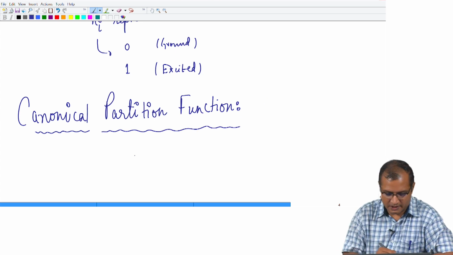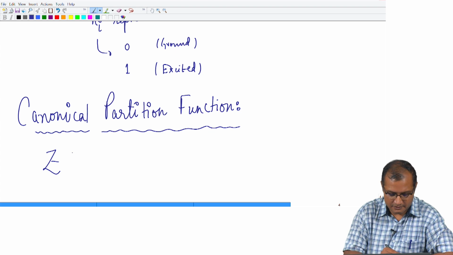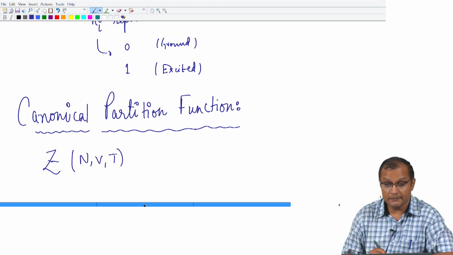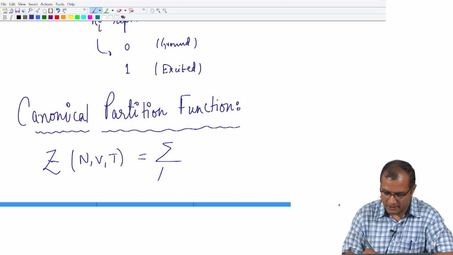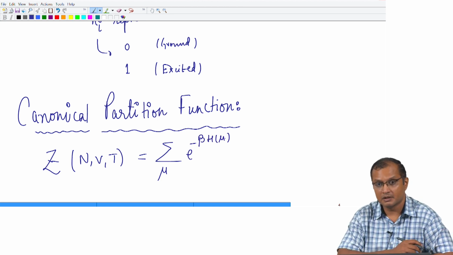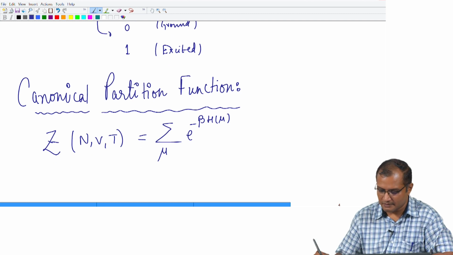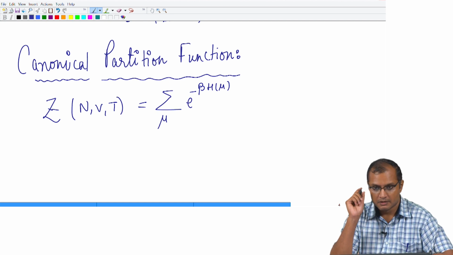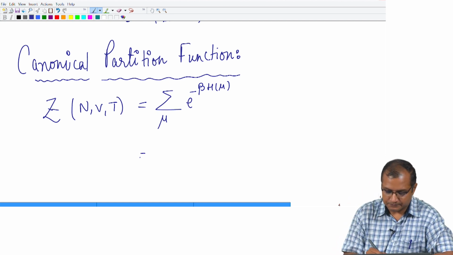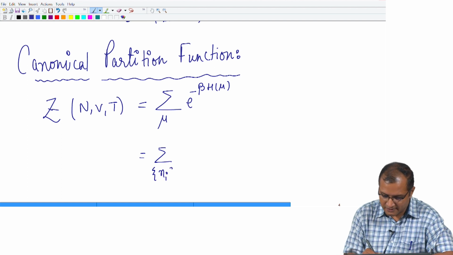Okay. So, our canonical partition function, which is Z_NVT, if you recall, is nothing but the summation over all microstates of e raised to the power minus beta H of mu. Now, our microstate for a given value of temperature is nothing but the specified values of excitations.